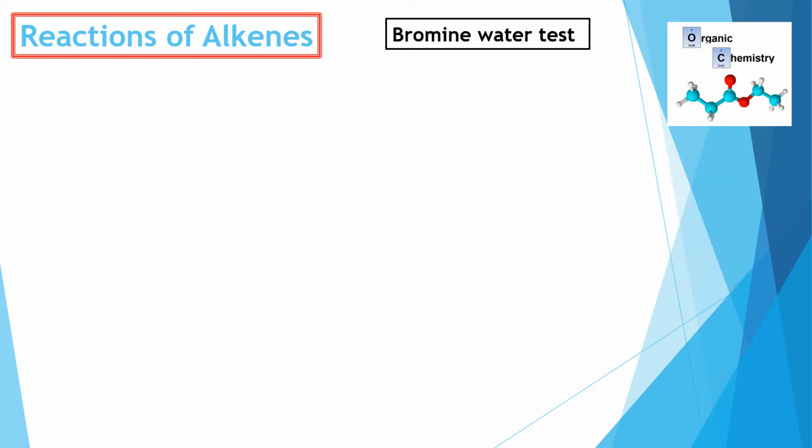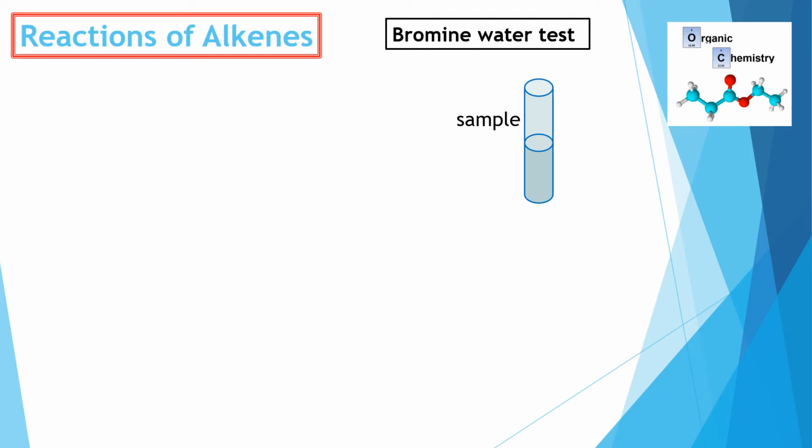Okay, so alkenes undergo reactions with halogens, and one of the important halogen reactions is the test with bromine water. So we saw the test with bromine water for alkanes, where the bromine water stayed orange and we had to put it in sunlight for 30 minutes for it to change color.